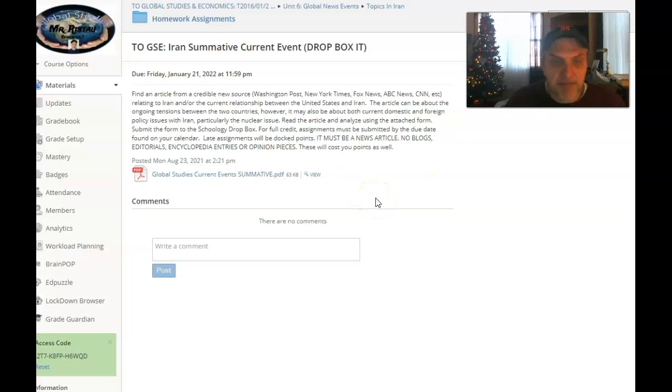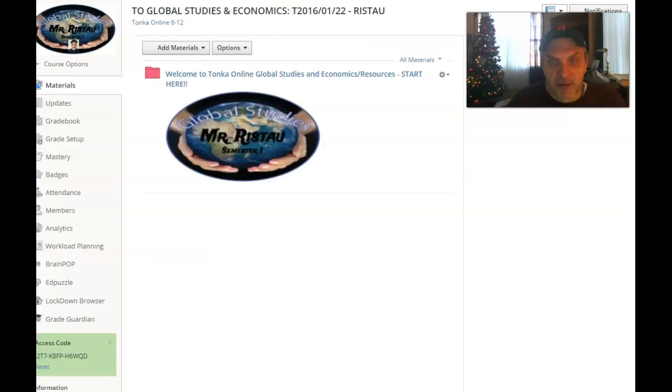Now they look the same, but notice that this article can be about the ongoing tensions between the U.S. and Iran. However, it may also be about current domestic and foreign policy issues within Iran, especially issues surrounding the nuclear contention, the nuclear issue between the U.S. and Iran. So again, make sure that you are reading the instructions very carefully.